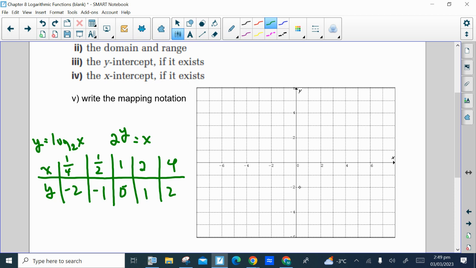So I've got the point 1/4 comma negative 2, 1/2 comma negative 1, 1 comma 0, 2 comma 1, and 4 comma 2. Again, the y-axis is an asymptote. So there's the original graph, the base graph.